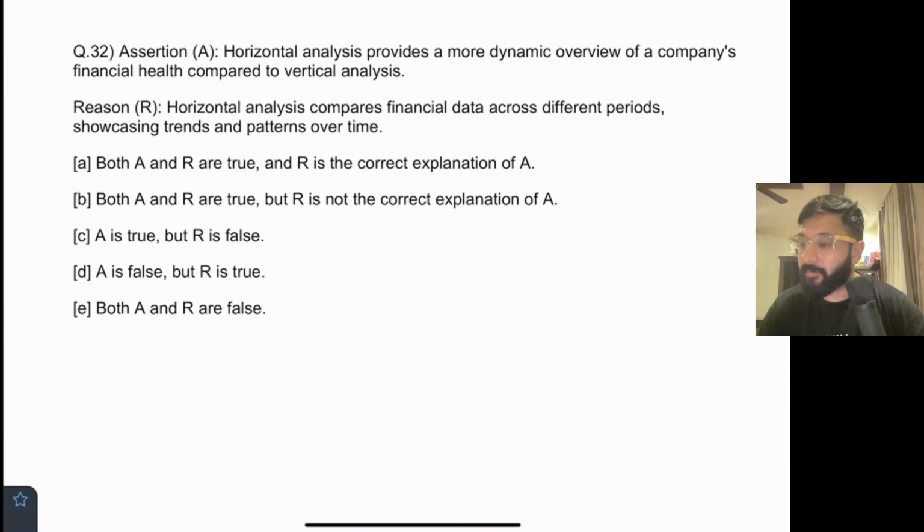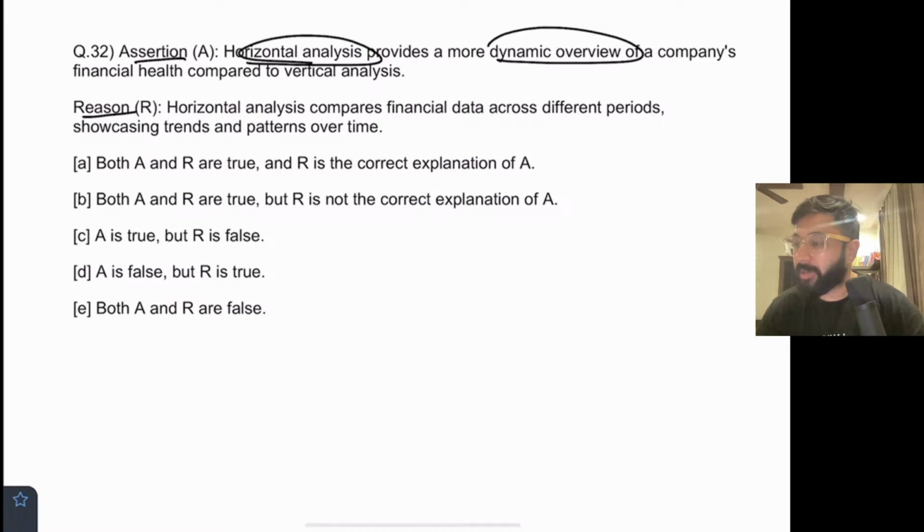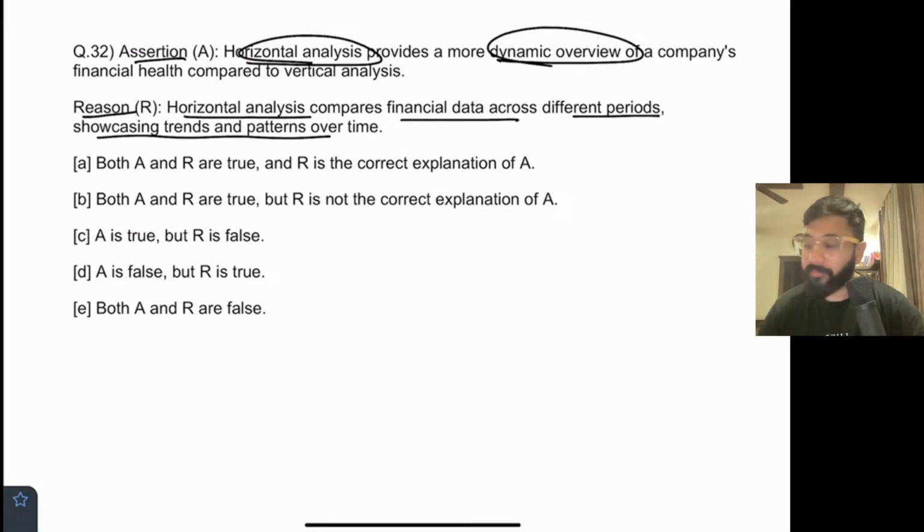Assertion, reason. Horizontal analysis provides a more dynamic overview of company's financial health. And horizontal analysis compares financial data across different periods, showcasing trends and patterns over time. कौन सा सही है, कौन सा गलत है?